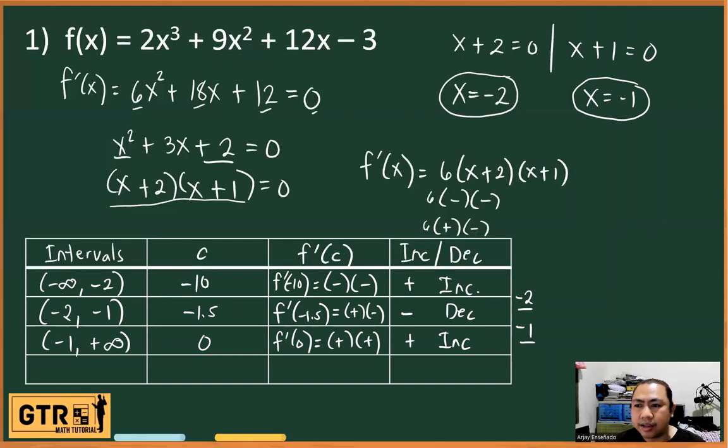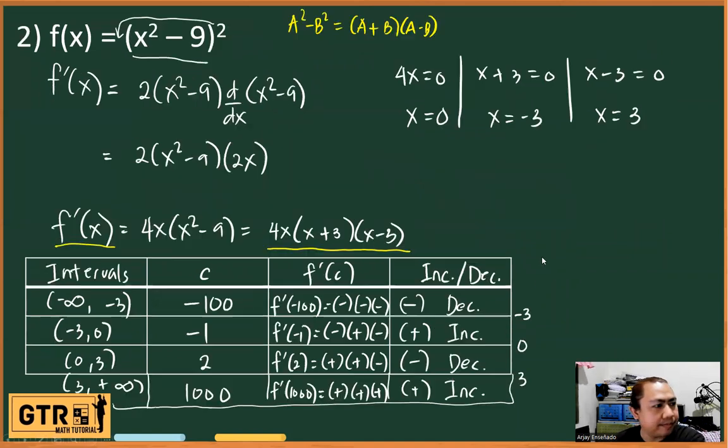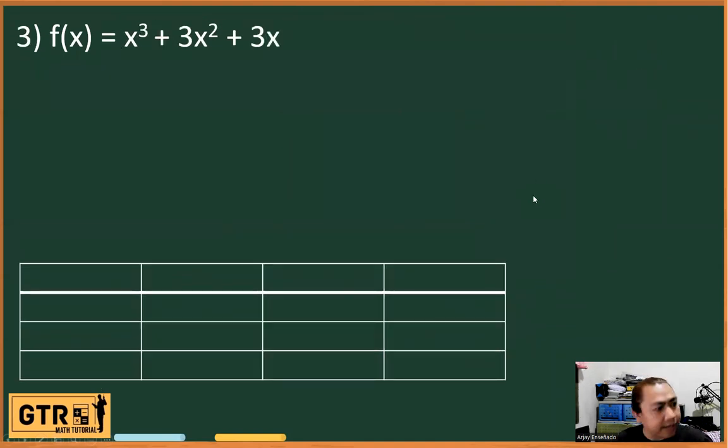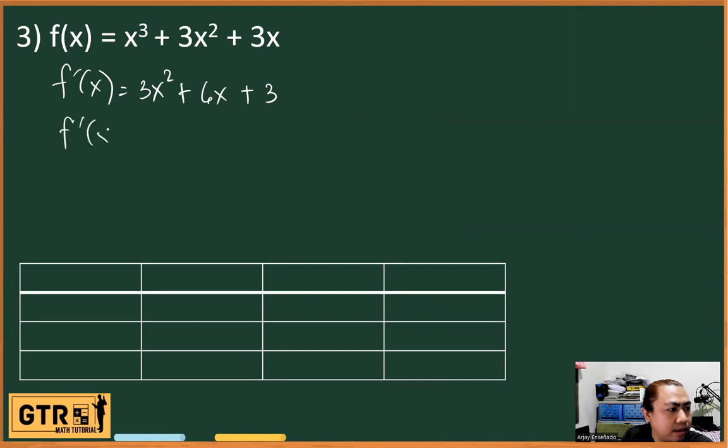Okay, so let's try number 3. Number 3, so just get the derivative. We use just the power rule. So x cubed, that is 3x squared, plus 3x squared, so the derivative is 2 times 3, we have 6x. And then 3 times x, so that is positive 3. We can factor out the 3, since all are divisible by 3. So we have x squared plus 2x plus 1.